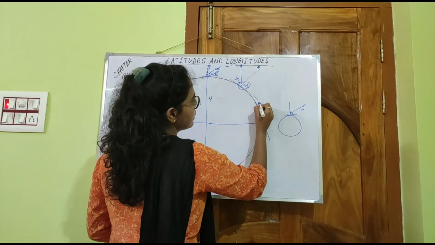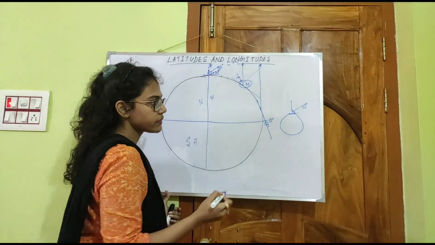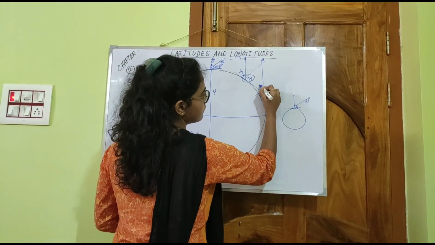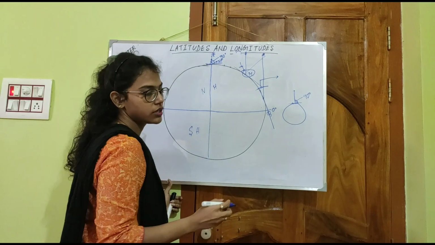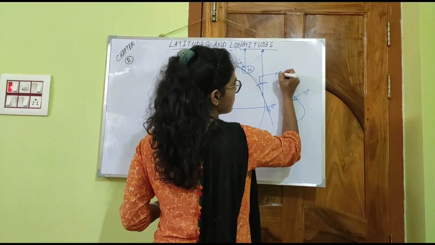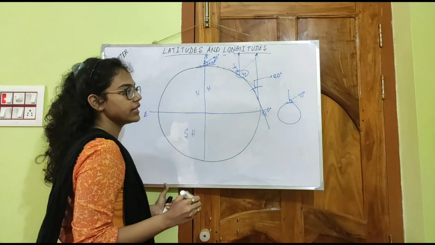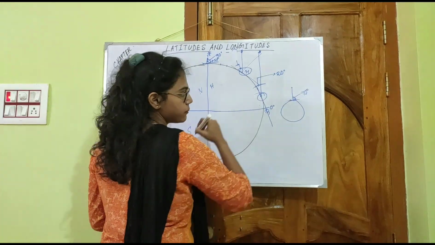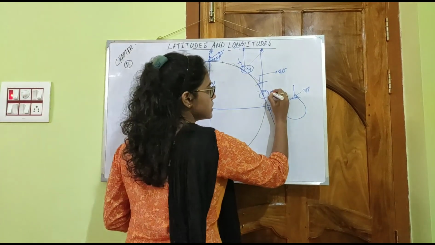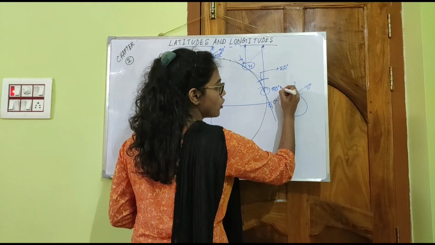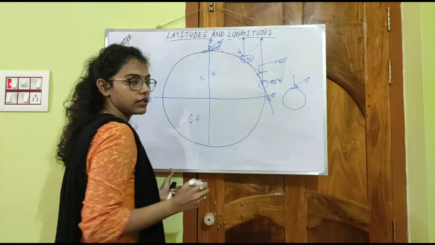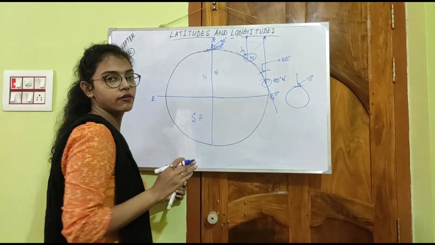So here we get the altitude. Suppose it is 20 degrees, then the latitude of that place will be 20 degrees. 20 degrees what? North, because we are on the north side of the equator.